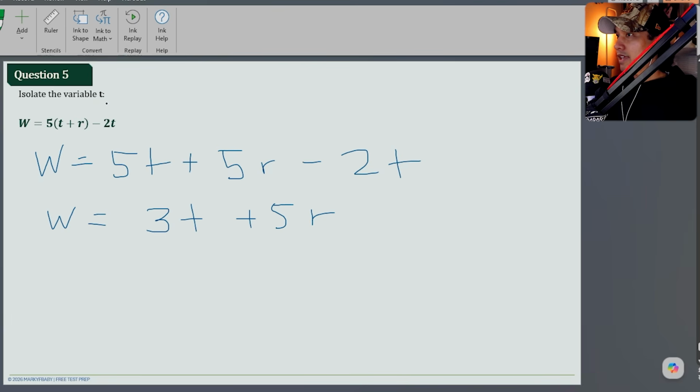And I'm isolating for the variable t, so I am going to minus 5r first, minus 5r, right? And you see here, I want to do it the wrong way just to show you that you need to minus the 5r first. So I can't just divide everything by 3. Okay, if I do that, it's going to look like this.